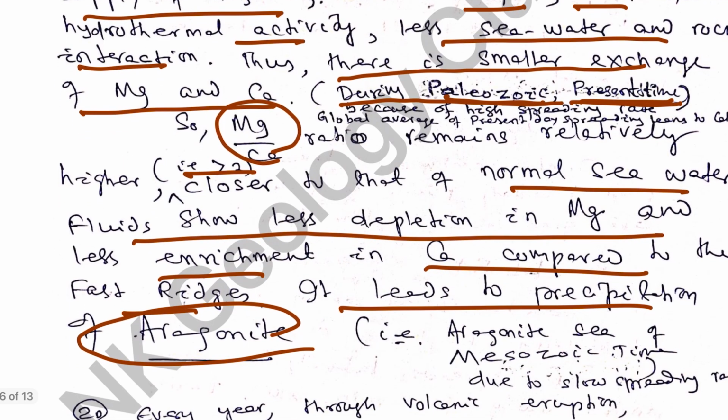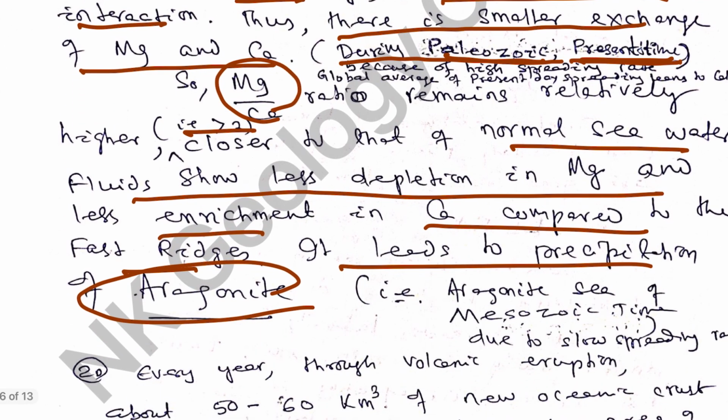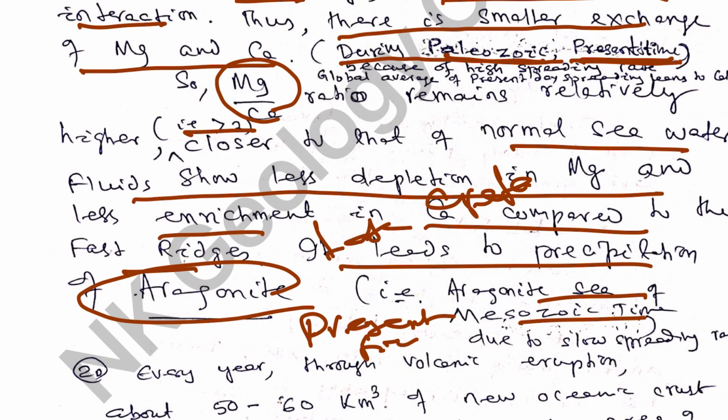If you take into account the global average, then this condition prevails at the present time. Aragonite sea in Mesozoic time and in present time, particularly from late Cretaceous to present. If you take the global average, it is slow spreading, and that's why the seas are aragonitic, as a result of which we find the formation of coral reefs.